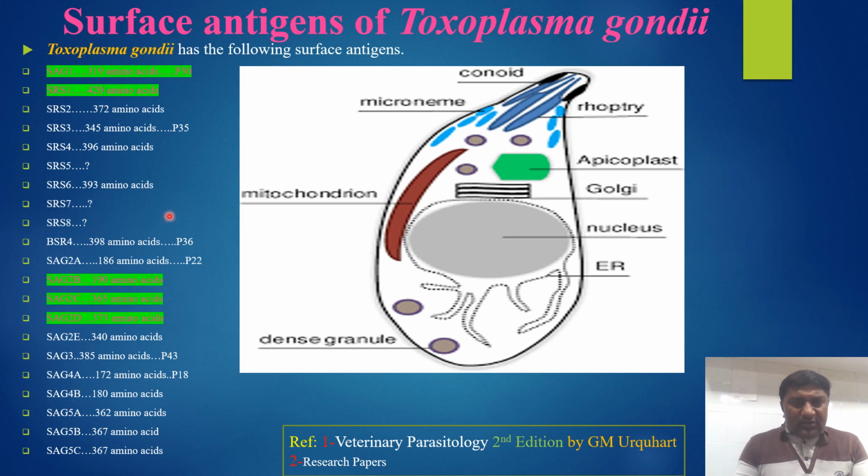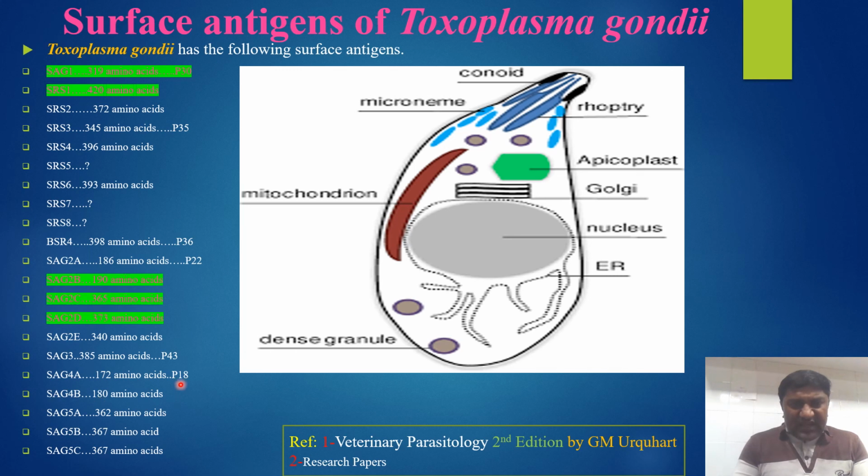BSR4 has 398 amino acids, and it is also called P36. SAG2A has 186 amino acids, P22. SAG2B has 190 amino acids, SAG2C has 365, SAG2D has 373, and SAG2E has 340 amino acids. SAG3 has 385 amino acids, also called P43. SAG4 has 172 amino acids, also called P18.